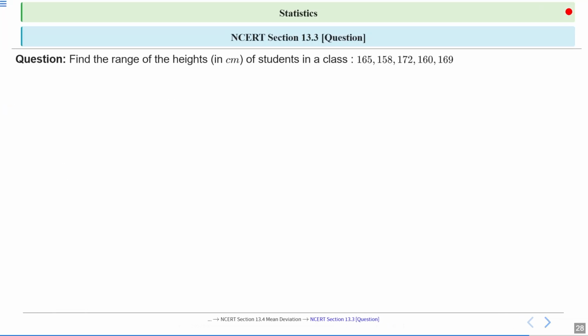Now, in this question, we have to find the range of the heights in centimeters of students in a class. The data given in the question are 165, 158, 172, 160, 169, and we have to find the range of the heights.